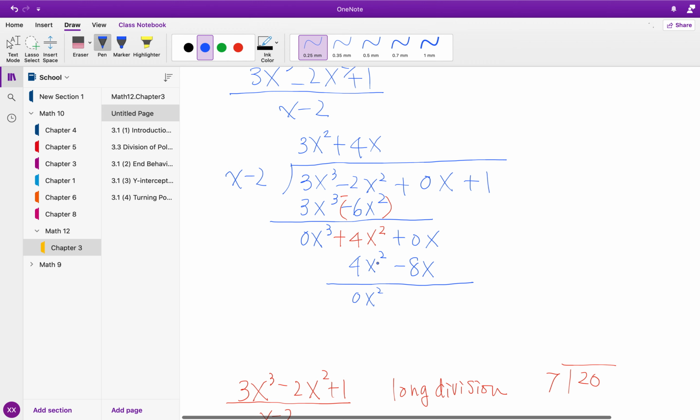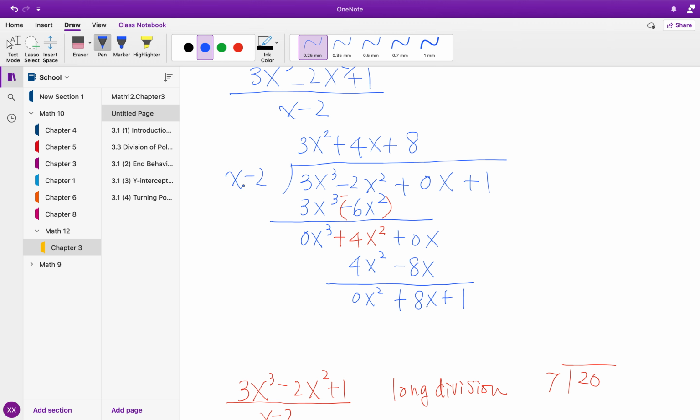Oh my goodness, look at the down there. I'm going to erase that. So then that, subtract that, becomes positive 8x, and then pull that down, plus 1. Okay, so now this is 8x, this is x here. How can I find a factor to multiply? So you give me 8x, and of course it will be 8.